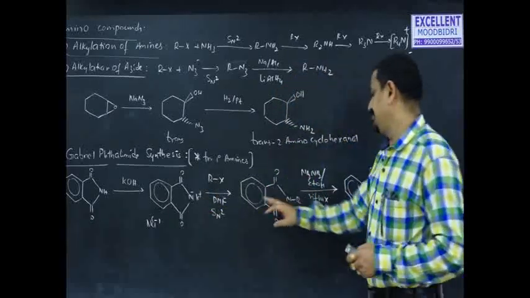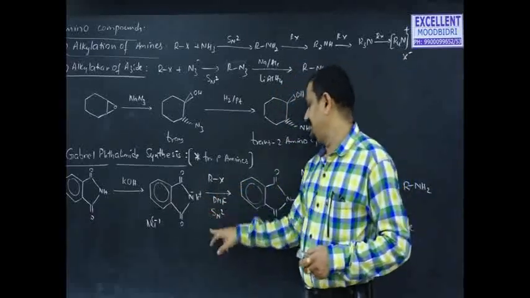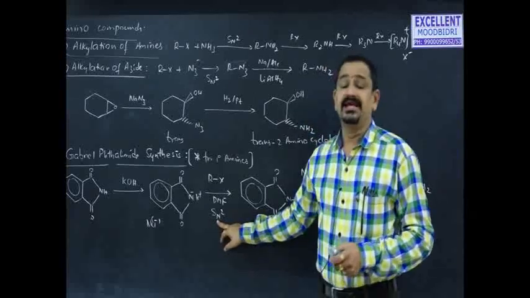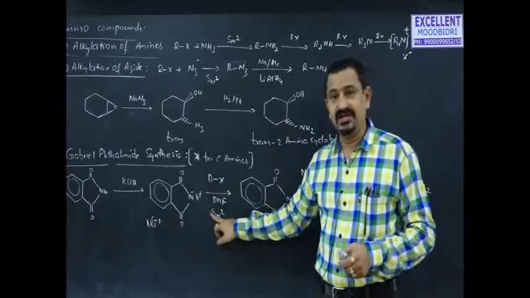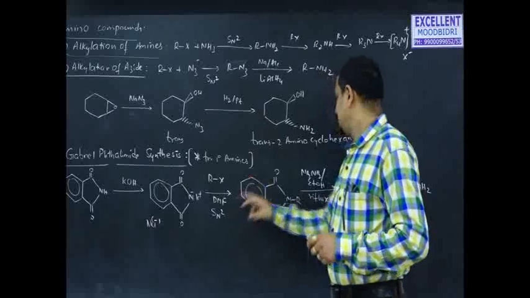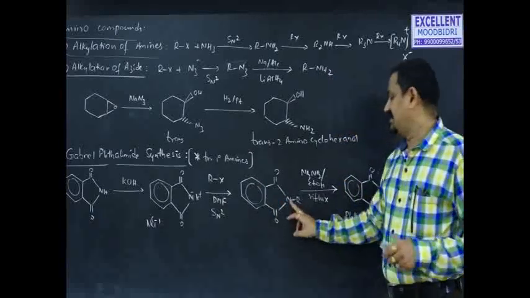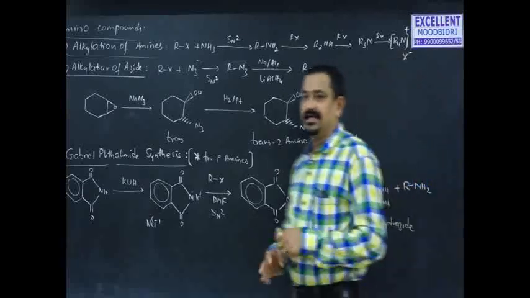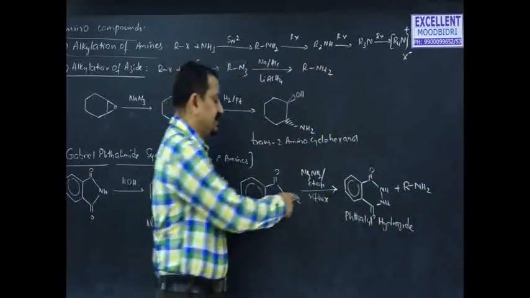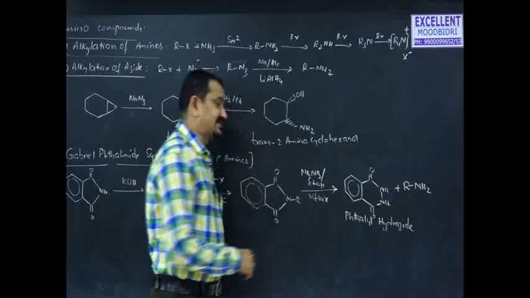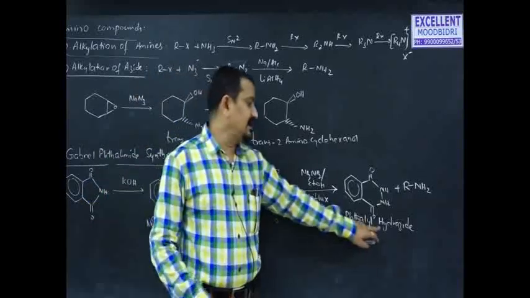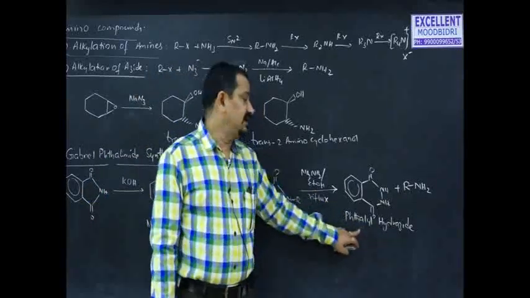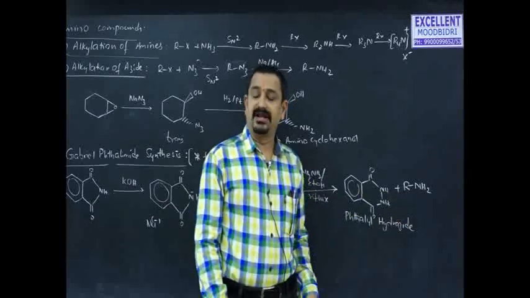Now, this when treated with alkyl halide also follows an SN2 approach, giving alkylated phthalimide, which on further reaction with hydrazine in presence of alcohol, and on refluxing the mixture, gives phthalyl hydrazide and the corresponding primary amine.